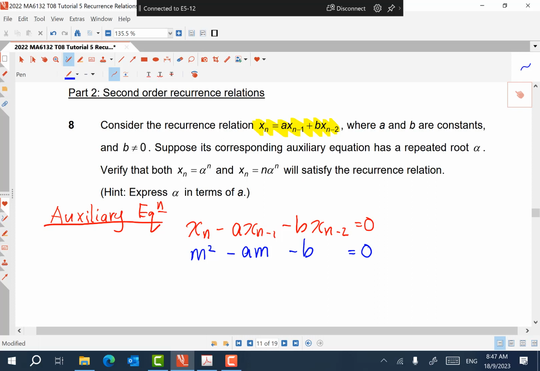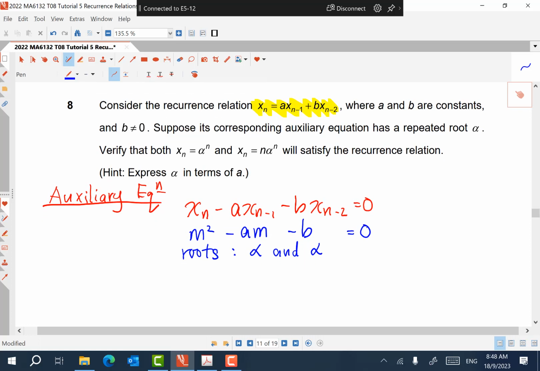So if we say that this auxiliary equation has a repeated root, that means to say the roots are alpha and alpha, which also means to say alpha plus alpha is actually A, and number 2, alpha times alpha is B. Okay, so this is what we know from the start, right?